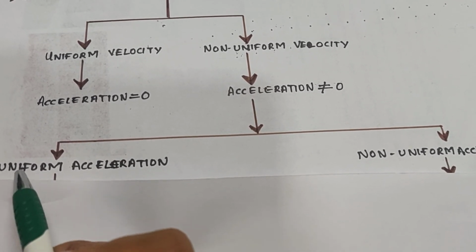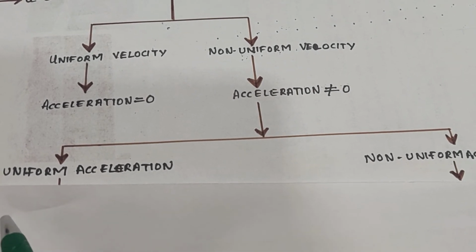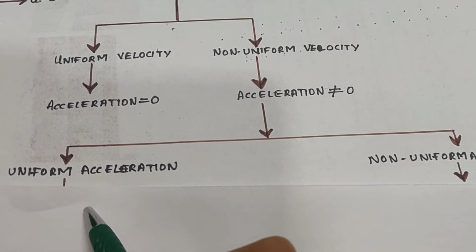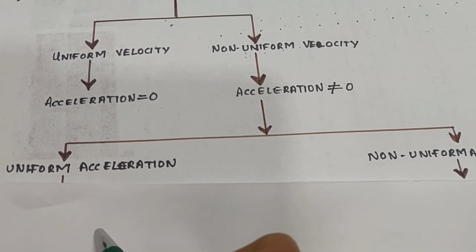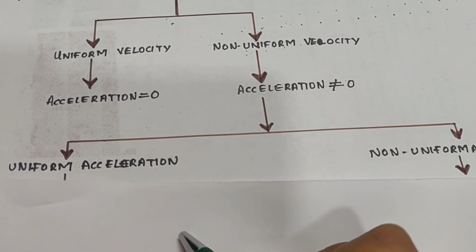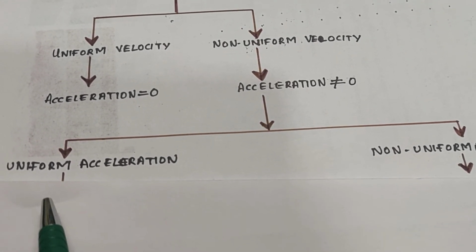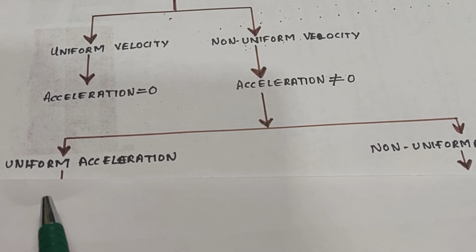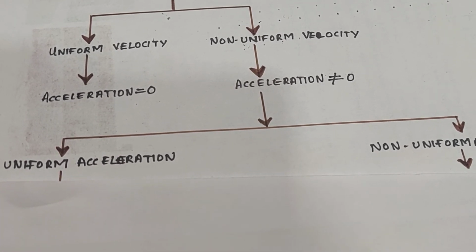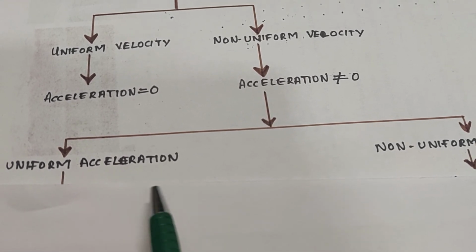Like if the car has started with a speed of 2 meters per second, in the next second the car's speed becomes 4 meters per second. In the next second it's 6 meters per second. Can you see the change in the velocity? It was 2, then it became 4, then 6, then 8, then 10. Speed has changed from 2 to 10 meters per second. So there is change in the velocity.